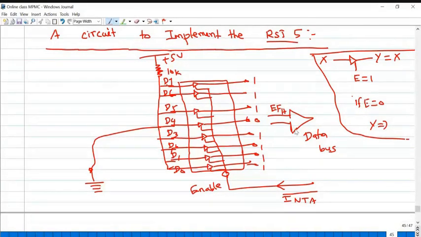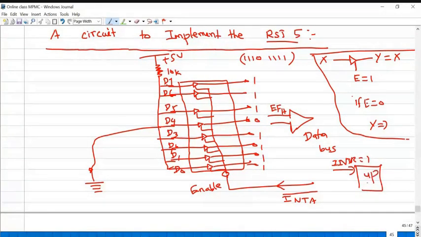So please remember, explain how the RST5 instruction is executed with the help of internal circuitry in the microprocessor. The hex code corresponding to the RST5 instruction is EF. The binary equivalent is 1110 1111. Whenever the interrupt signal INTR is high, the processor will send the interrupt acknowledgement.